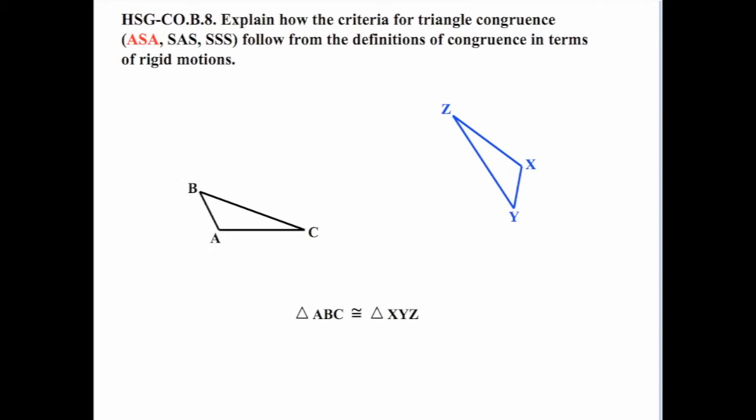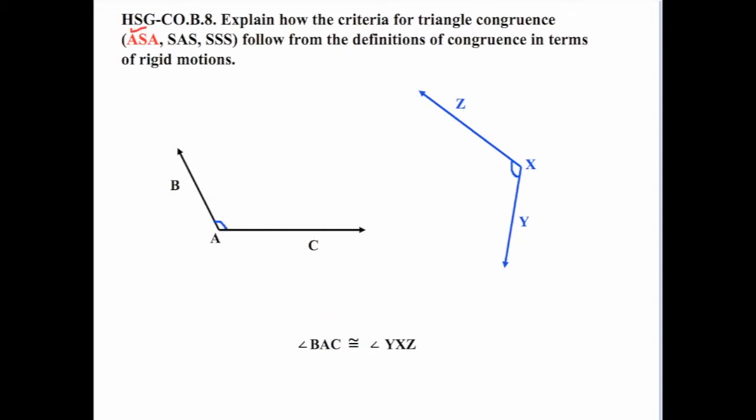Well, let's start off with angle-side-angle. If we have these two triangles congruent, triangle ABC being congruent to triangle XYZ, then based on this postulate, angle-side-angle, we will start off with two different angles, but they are congruent to each other, angle BAC and angle YXZ. And then on ray AB, I would mark off a certain size segment.